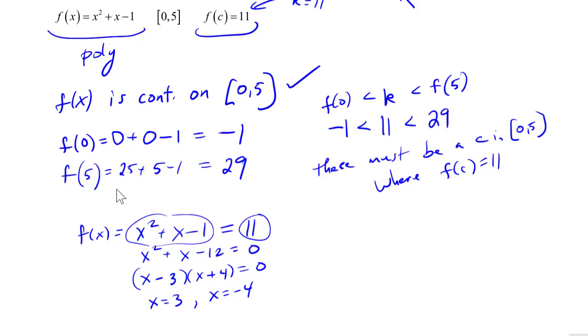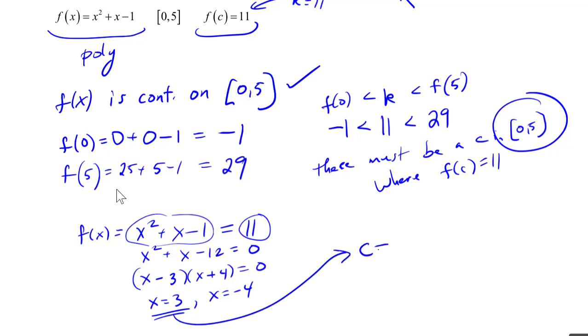But the IVT was only referring to one of these because we were guaranteeing the interval [0, 5]. So c equals 3 is the specific value that IVT was referring to here. It said there is at least one number in that interval where the function takes that value. In this case, it was 3.